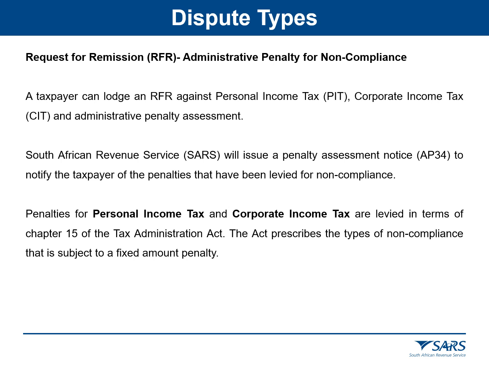SARS will issue a penalty assessment notice, that's the AP34, to notify the taxpayer of the penalties that have been levied for non-compliance. Penalties for personal income tax and corporate tax are levied in terms of Chapter 15 of the Tax Administration Act as amended. The Act prescribes the types of non-compliance that are subject to a fixed amount penalty.